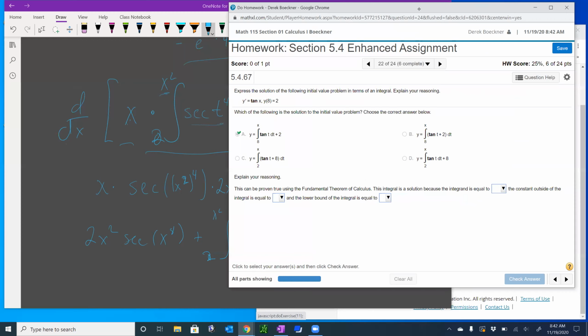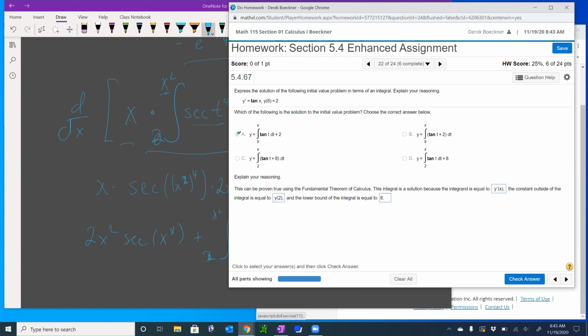This can be proven using the fundamental theorem of calculus. The integral is a solution because this integral is equal to 0. Oh, well, equal to y prime. And the constant outside of the integral is equal to y of 2. And the lower bound of the integral is equal to 8.